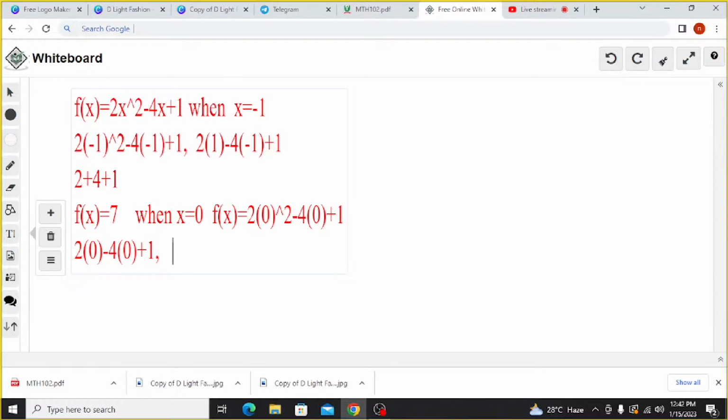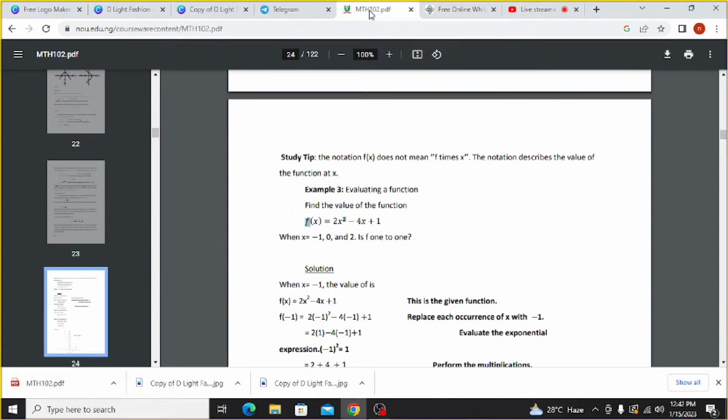Our function of x is now equal to 1, because 2 multiplied by 0 is 0 and 4 multiplied by 0 is 0, so it will remain 1. So the next one is when x equal to 2.